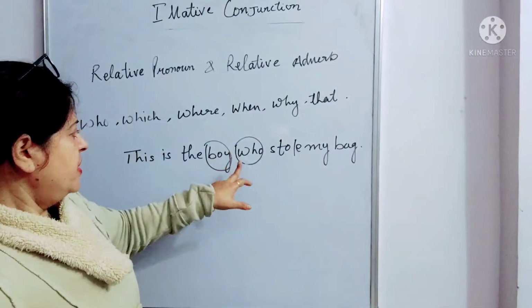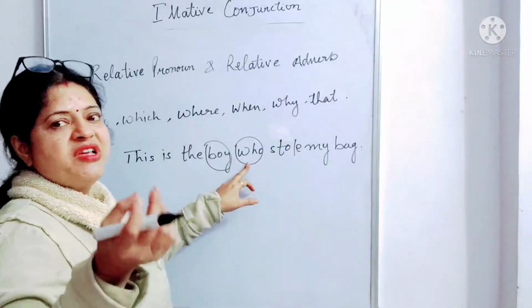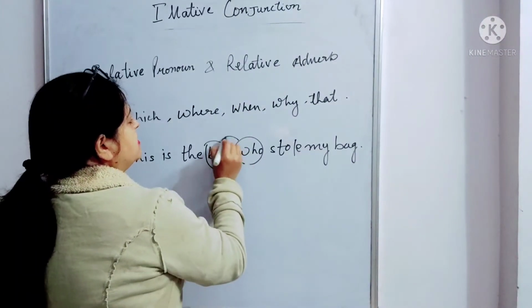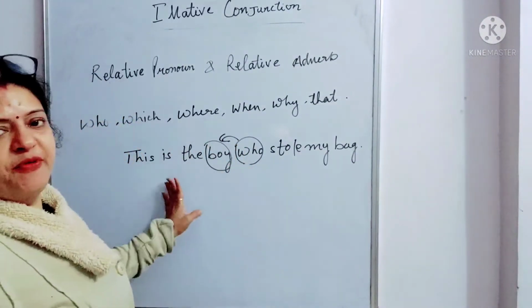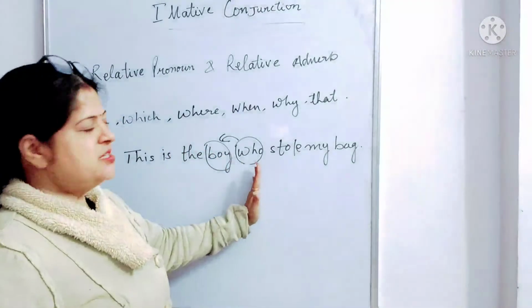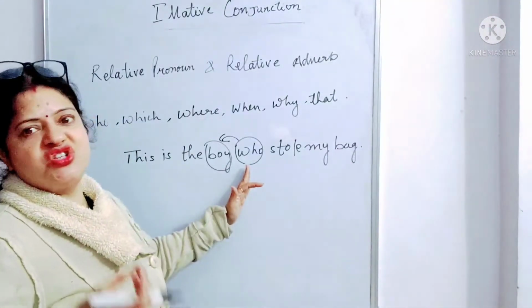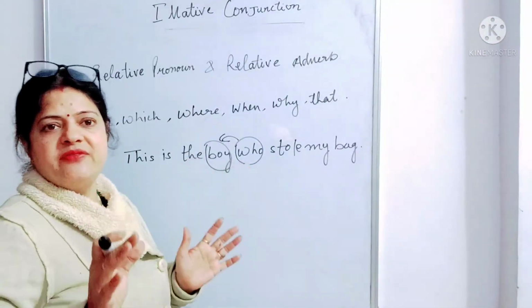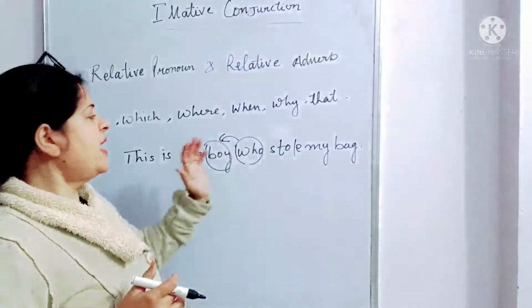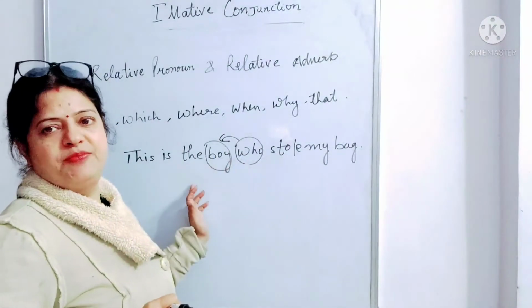So here this relative pronoun is used in a restrictive sense. It means it is just qualifying the noun which has come just before it, and it is a complex sentence, because the relative pronoun, when it is used in a restrictive sense, means some noun or pronoun comes before it and it only describes that noun or pronoun.